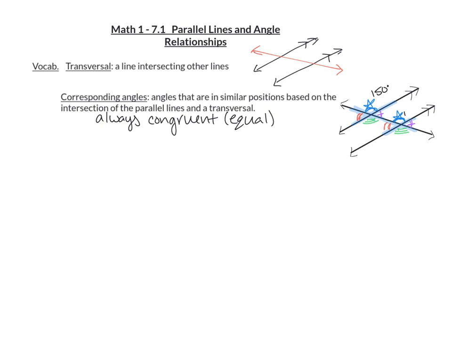That means this one down here is also 150 degrees, and so on and so forth. As an aside, the symbol for congruent is a little tilde on top of an equal sign. That is how you would say two things are congruent instead of having to write the whole word. So corresponding angles are in the same position based on the little intersections, and they are always equal to each other.